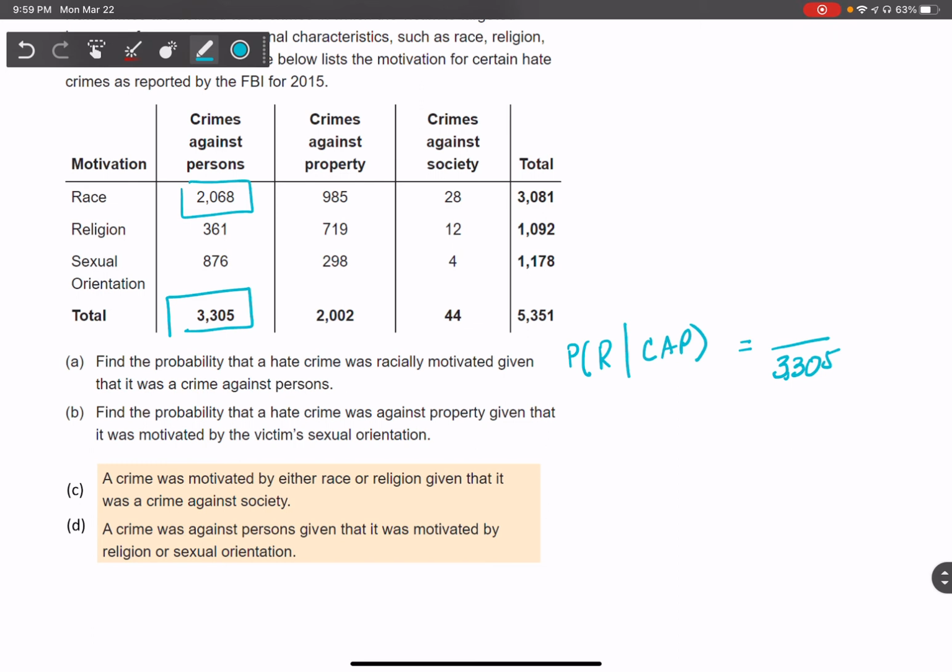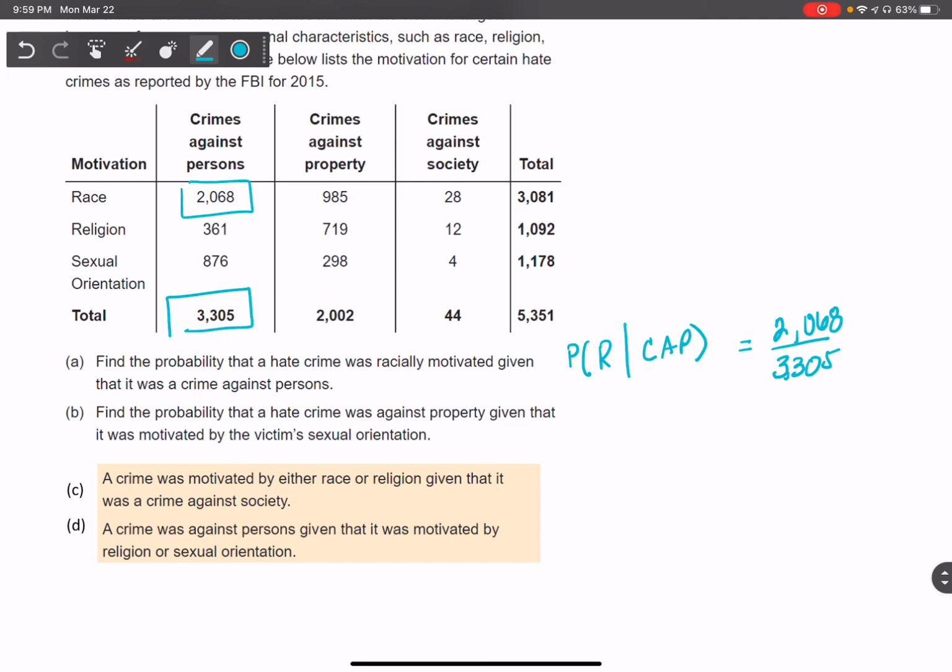2,068. So technically, I guess we don't have to do that extra. We can just do that, because if we're looking at our formula, let me go back to make sure. P of A and B, so P of B given that A, where A goes into the denominator.